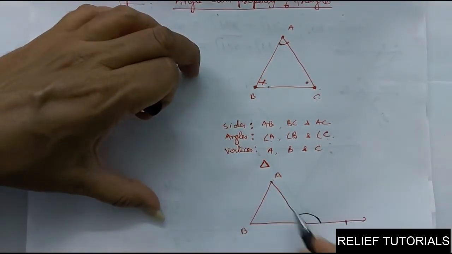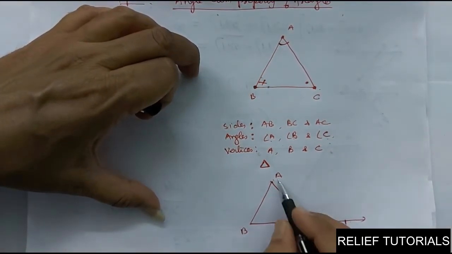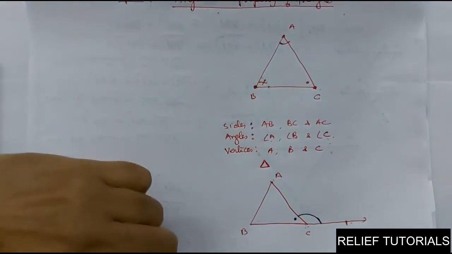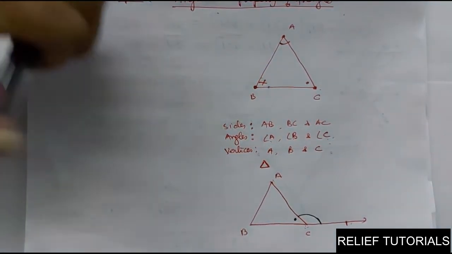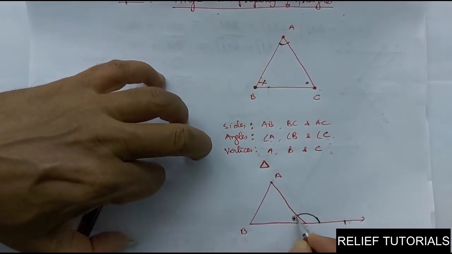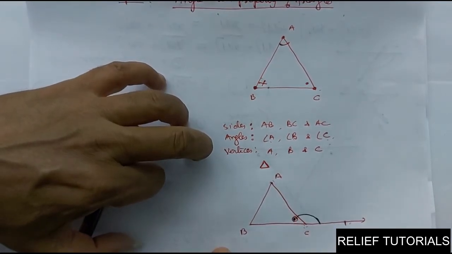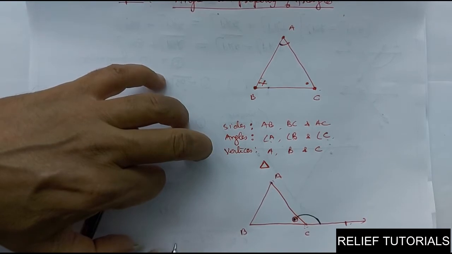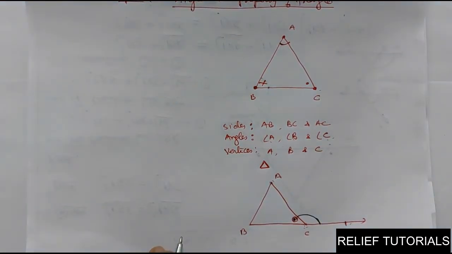Now you see this triangle ABC and this is angle ACD, the exterior angle. This angle ACD forms a linear pair with angle C. Clear? See, this is angle C. So ACD forms a linear pair with angle C. The remaining two angles of a triangle are called its interior opposite angles.